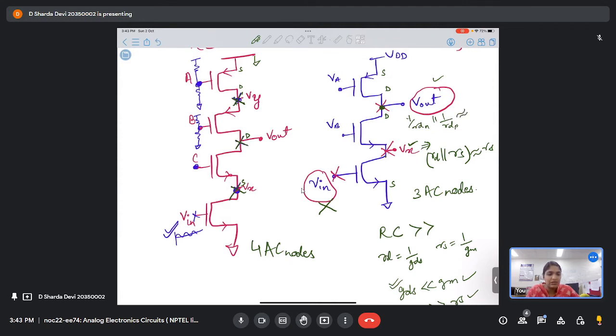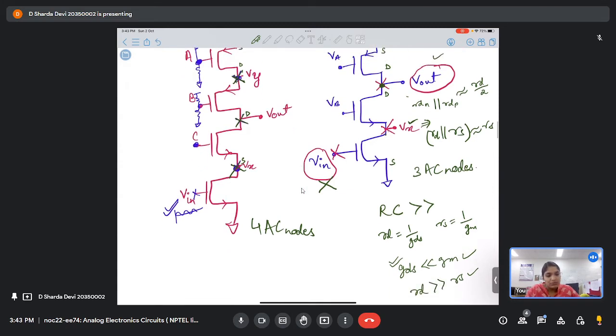Since it is resistance, directly it will be parallel. So RDN parallel to RDP, and if RDN is almost comparable to RDP, you'll get RD by 2, right? R parallel R will give R by 2, right?